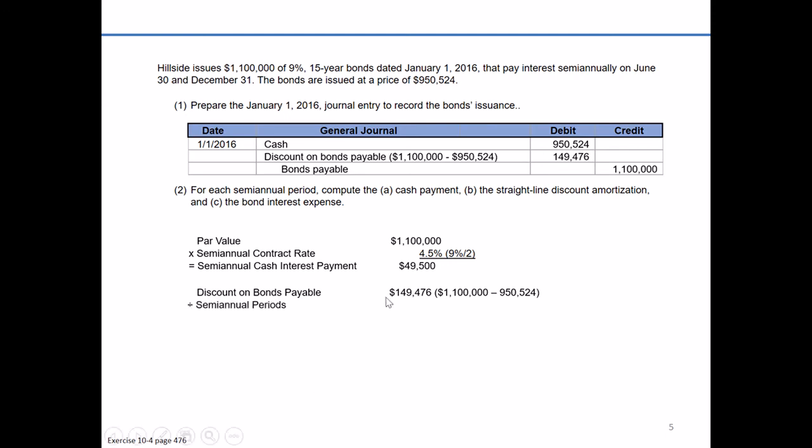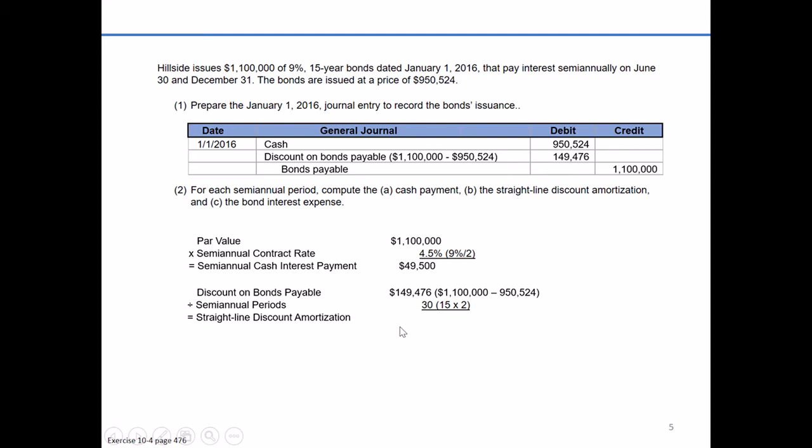Just take our total amount of discount that needs to be amortized, divide it equally amongst the number of periods, but we're not dividing it by 15 years, we're dividing it by 30 semi-annual periods. We're paying interest semi-annually, so we're dealing with this bond on a 6-month basis. 15 years times the number of interest payments per year, that's going to be 2 per year, means there's 30 semi-annual periods.